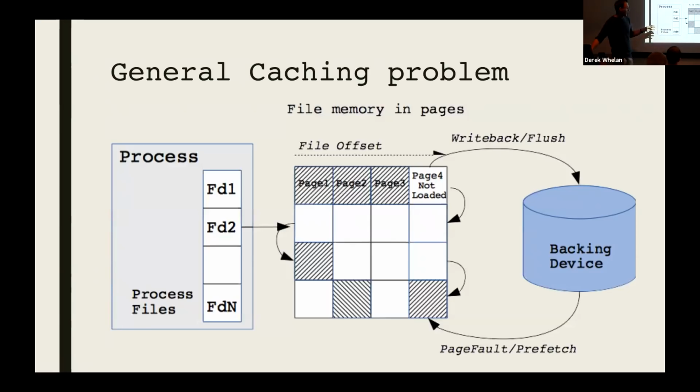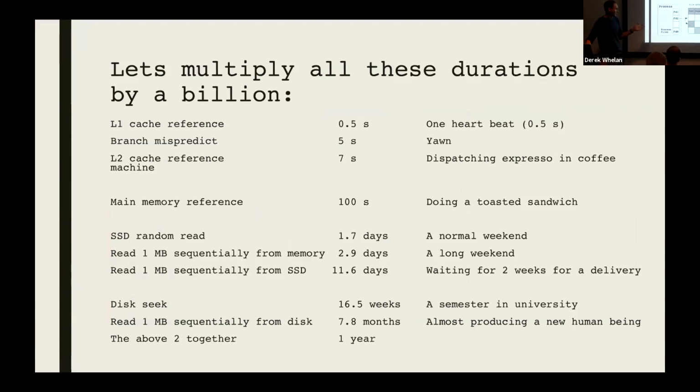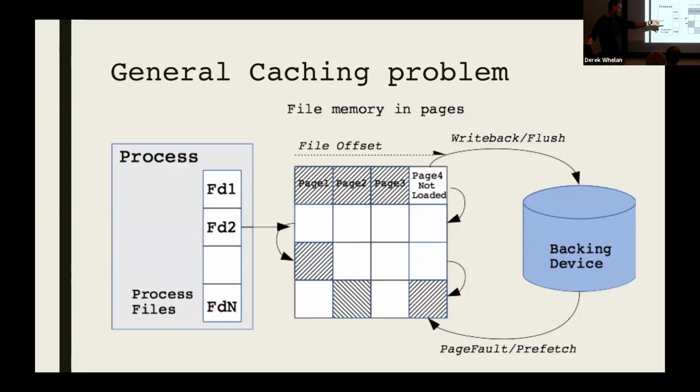So we don't want our processor to wait those 2 days to go back to the SSD, or even a week, or this was even almost 8 months to go to the HDD drive and load the pages.